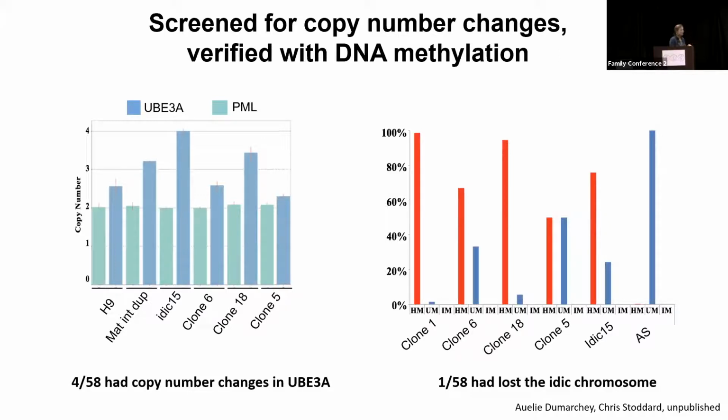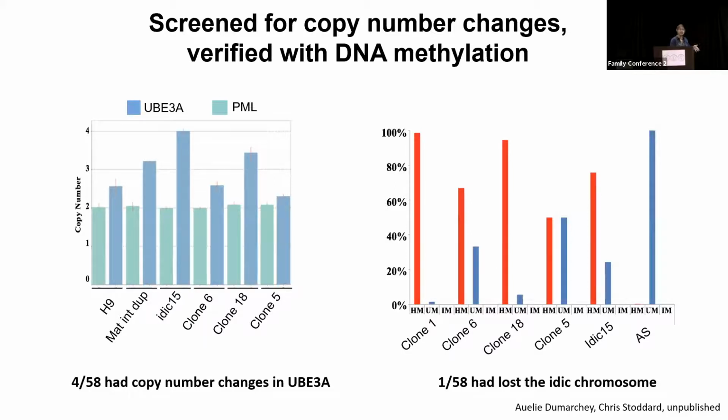So what happened to the others? So, our output was 1 out of 58 did the right thing. So that's reason number 500 not to use CRISPR as a therapeutic approach for this disorder, at least DNA cutting CRISPRs. The other 4 that had copy number changes, one of them we know probably lost the paternal allele.